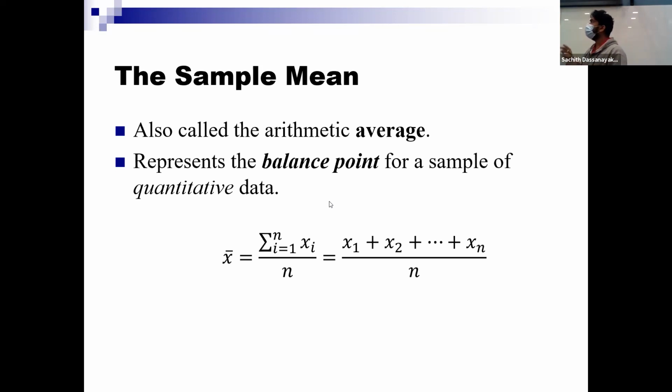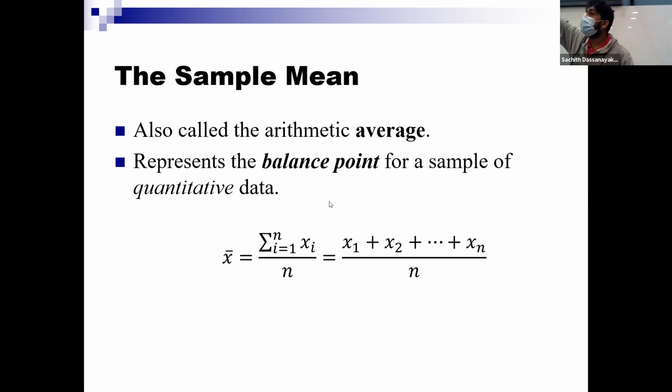Sample mean. Why sample? Because we are considering a sample, right? If you remember last section 1.2, we talked about descriptive statistics. So we are dealing with a sample. Since we are taking the measurement from the sample, this is the sample mean.